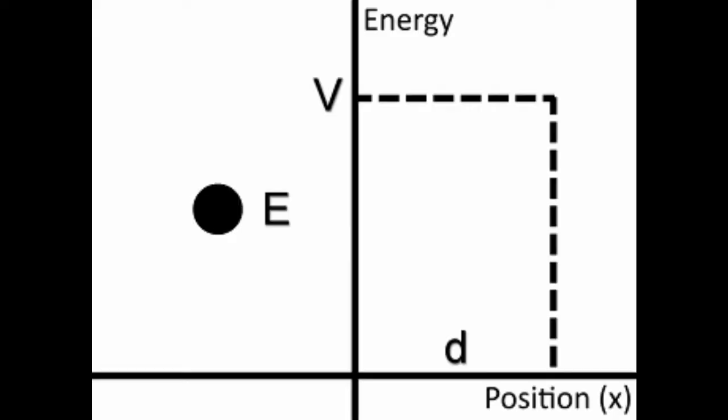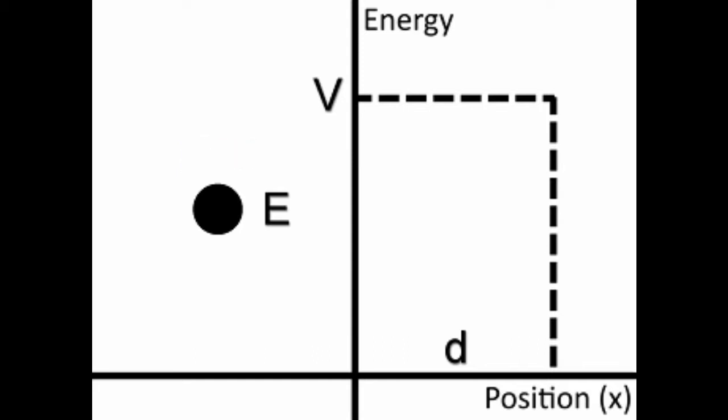What we need to begin with is the initial setup, as we have talked about in the main channel. So we have this image here, if you might remember this from the main channel. We have a particle that is on the left side of the graph here, and the energy is less than the height of a barrier that is on the right side of the graph. So that's the setup.